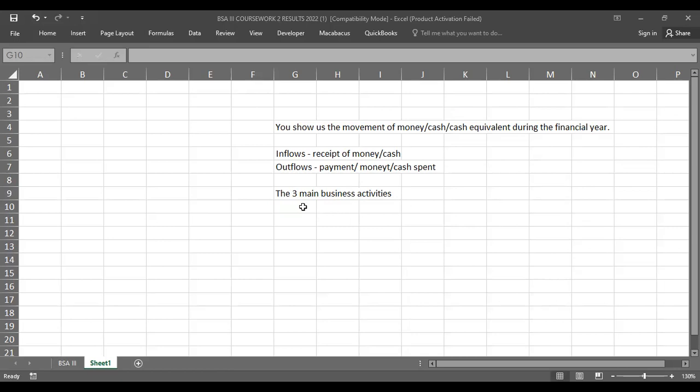You have operating activities, and as I've told you before, here you look at P&L, profit or loss statement items. But they're interested in cash flow items, items you spent money on.